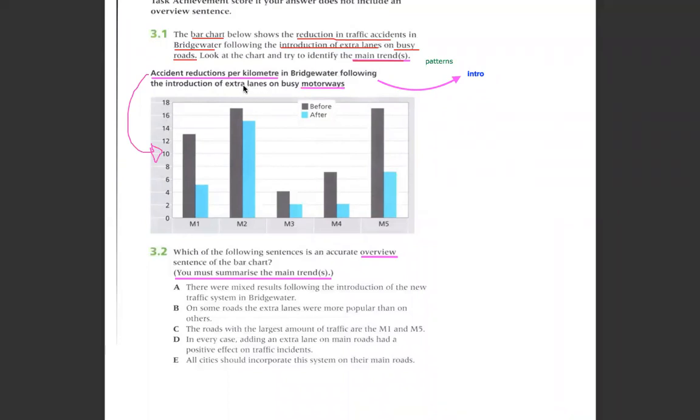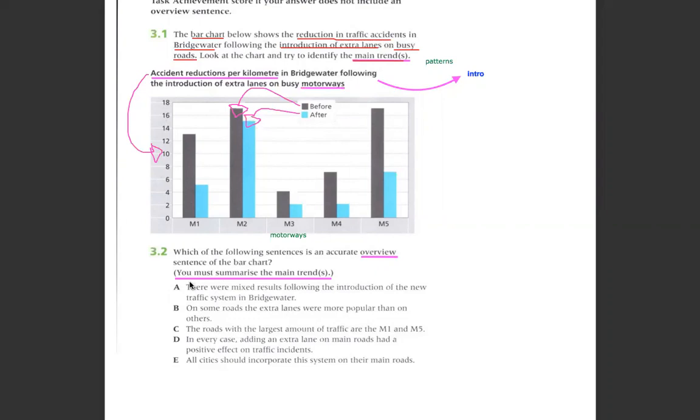And this talks about the introduction of extra lanes. So over here we have the motorways, the M1, the M3, these are different motorways. And this is before the extra lanes were added, and this is after the extra lanes were added.